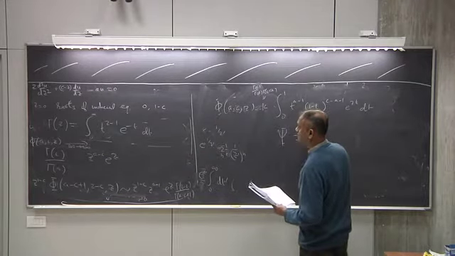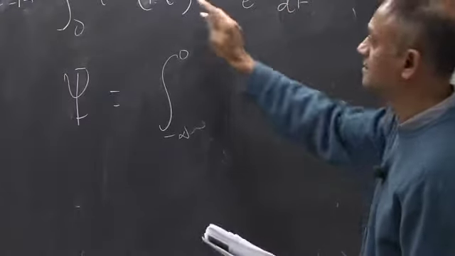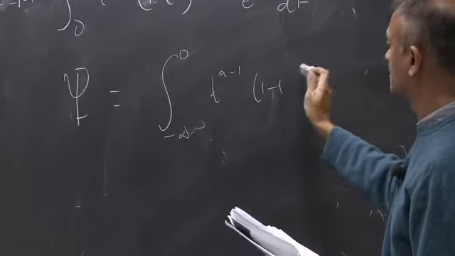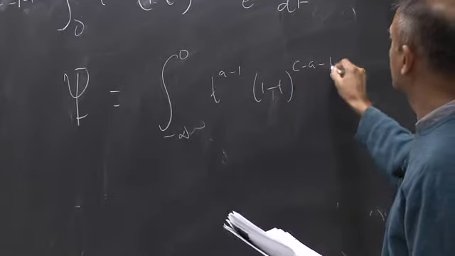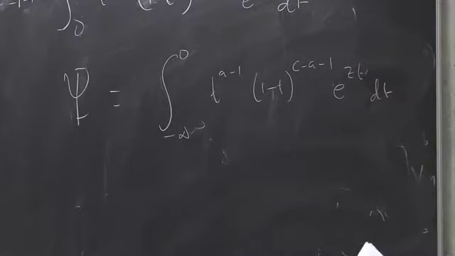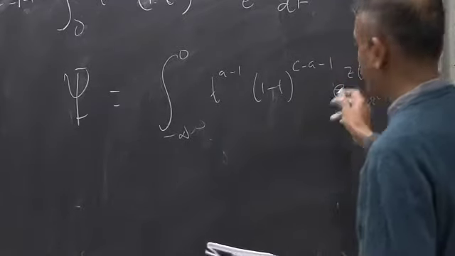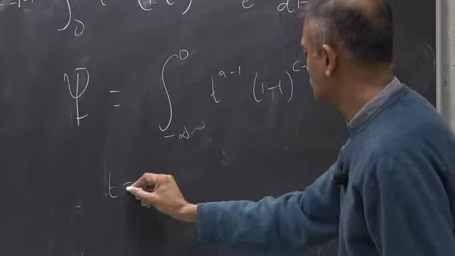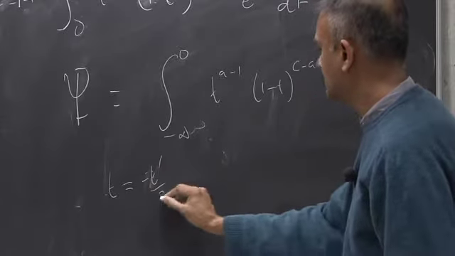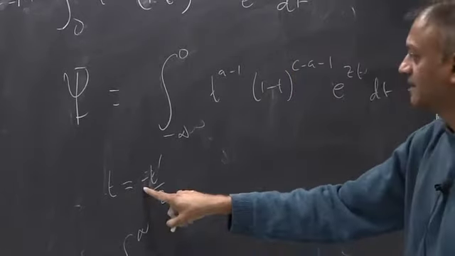Psi was simply the integral from minus infinity to 0 of the same integrand, t to the a minus 1, 1 minus t to the c minus a minus 1, e to the zt dt. And this one, you can just change the variable again, t equal to minus t prime over z. Then this becomes 0 to infinity because of the minus sign.